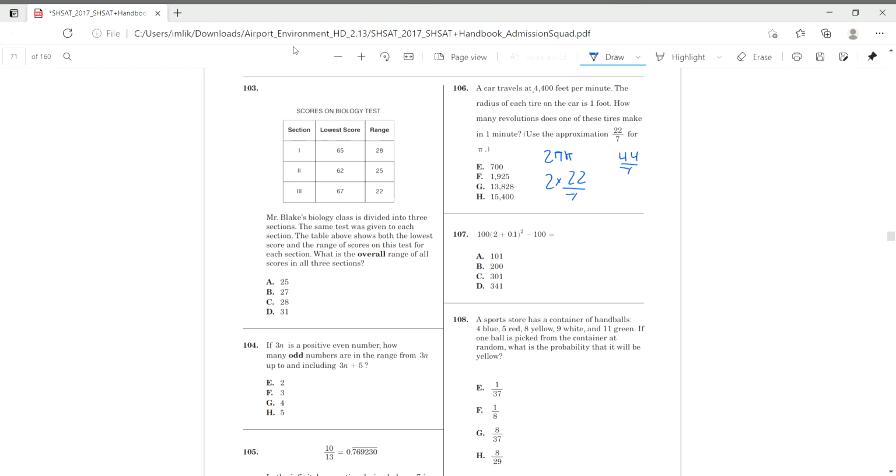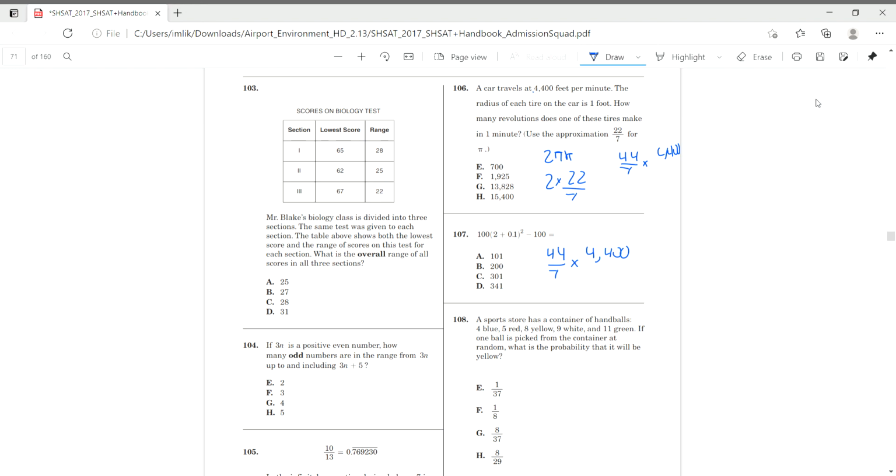44/7 feet. Next, we know that it travels 4400 feet per minute. Sorry, I ran out of space, but we're going to divide our distance by the total circumference in order to get our rate.